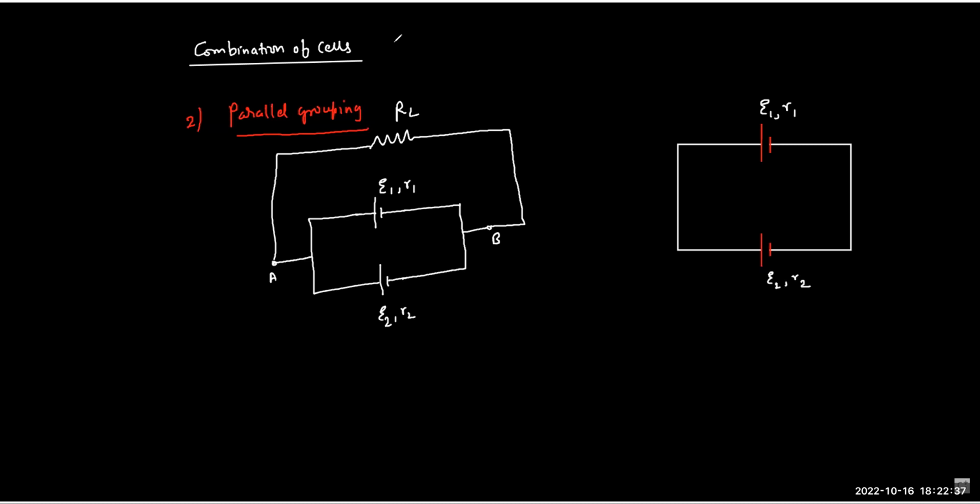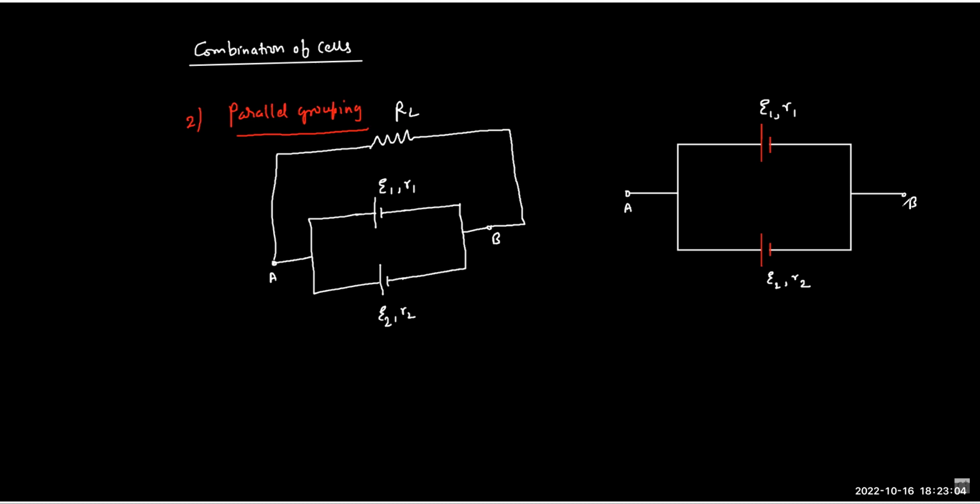Again, you have to remember that we have to find the voltage that the terminal will generate, because through that terminal we are going to connect some load. So A and B are terminals. So the question is, what is the terminal potential difference? What is the potential between A and B?